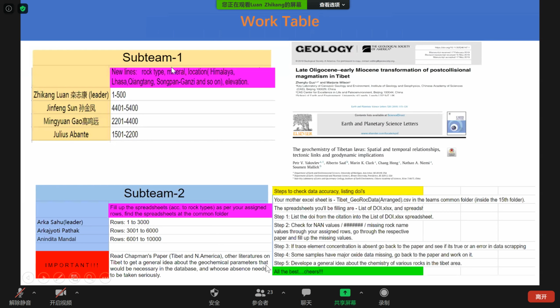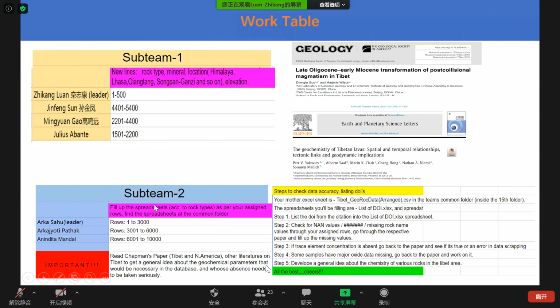And in his database, we need to add the rock type, mineral, location, and elevation. And we also added two new data sets into this database. And subteam 2 works on the GeoRoc database.